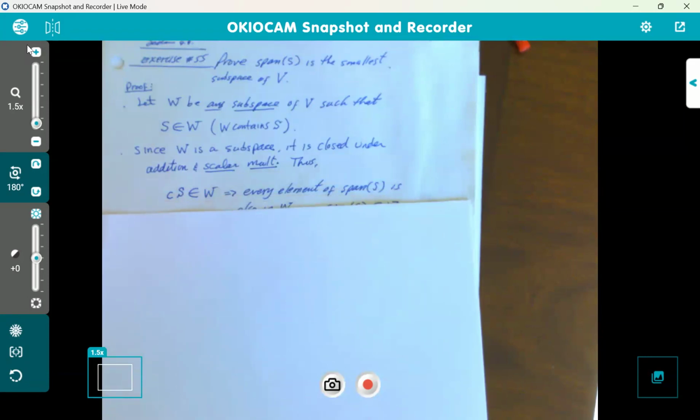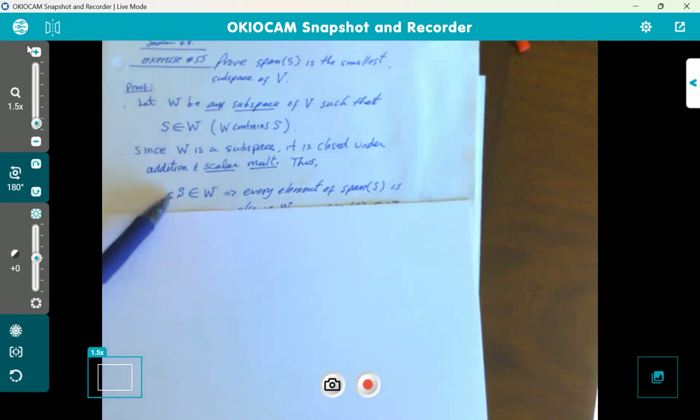Therefore, because of the scalar multiplication, I can write the constant scalar multiple vectors of S in any form that I want, and those will also be elements in the subspace W. And that has to do with W containing S.